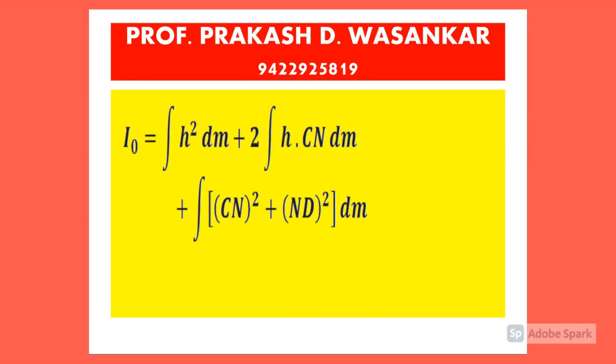Then IO is equal to integration h square into dm plus 2h integration CN into dm, plus, using the addition rule, integration of (CN square plus ND square) into dm.